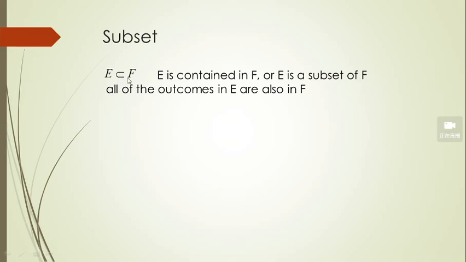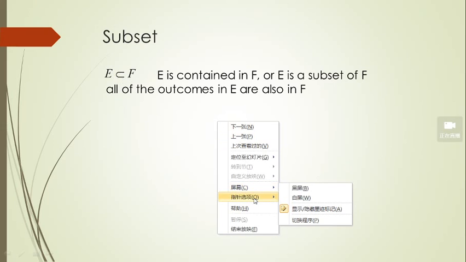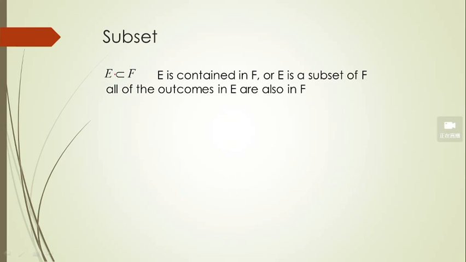If we have this symbol, we read E belongs to F, or E is contained in F. And this side means E is a subset of F. That means all the outcomes in event E are also contained in event F. So if we compare the outcomes in events E and F, of course the number of outcomes in event F will be greater than in E. E is just a subset.